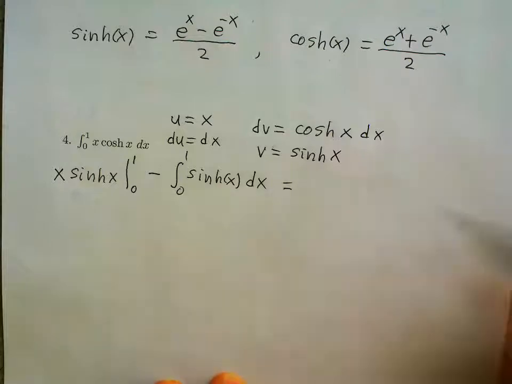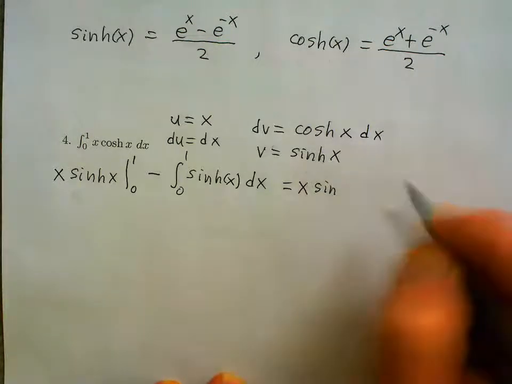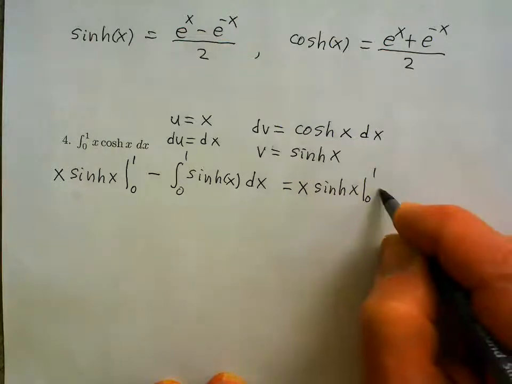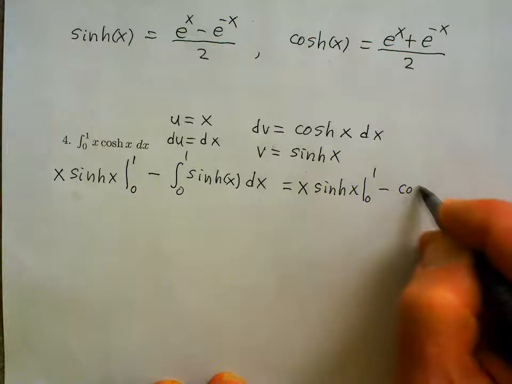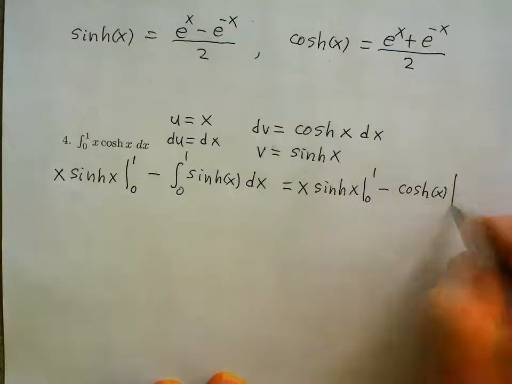We're just a couple of steps away. So x times hyperbolic sine of x from 0 to 1 minus hyperbolic cosine of x from 0 to 1.